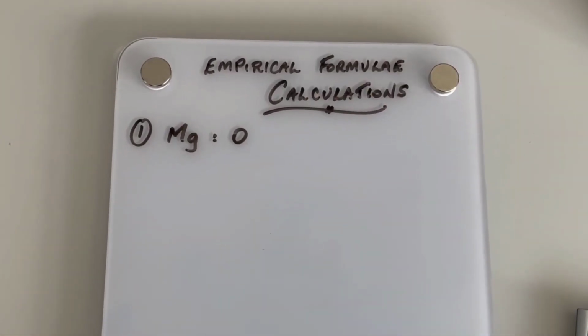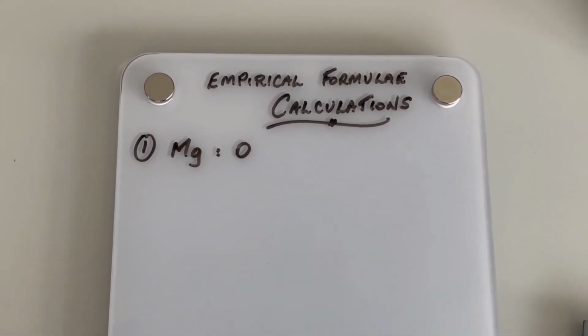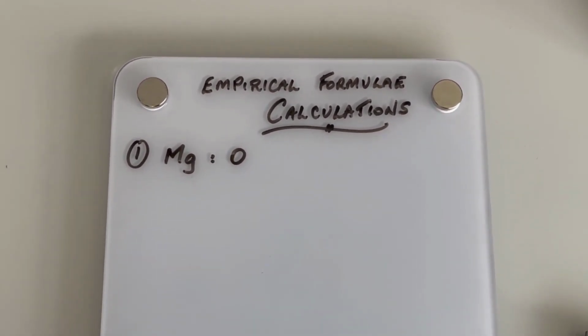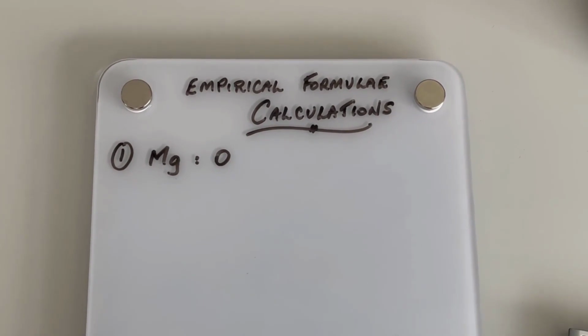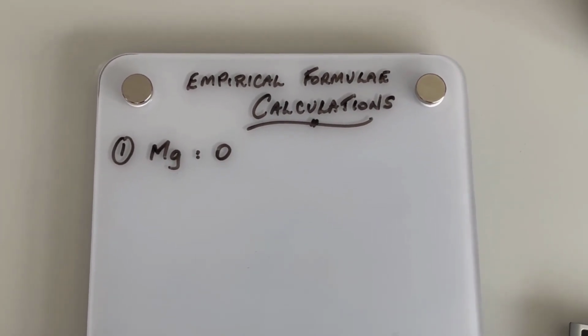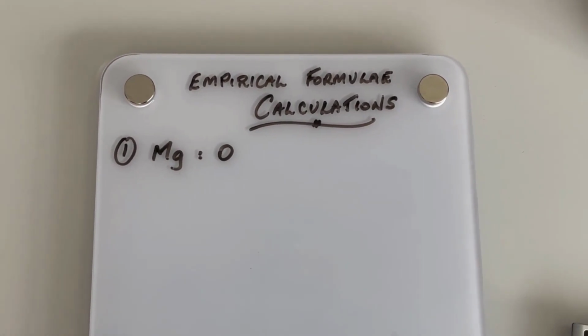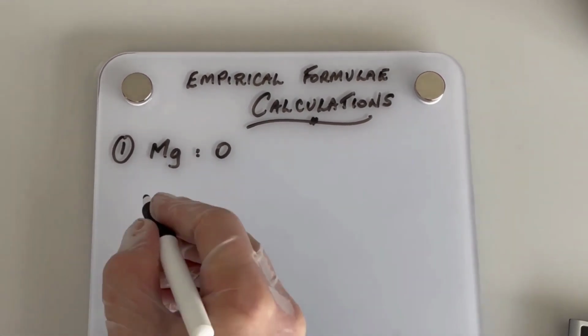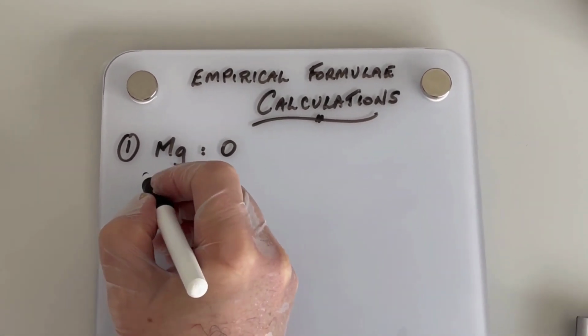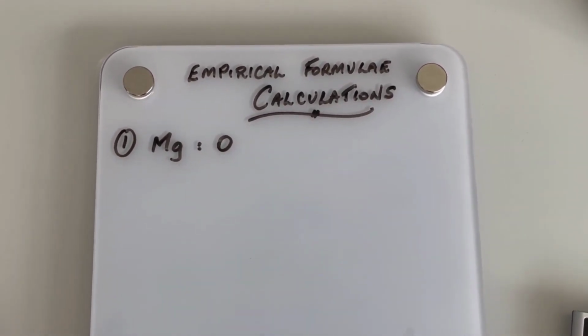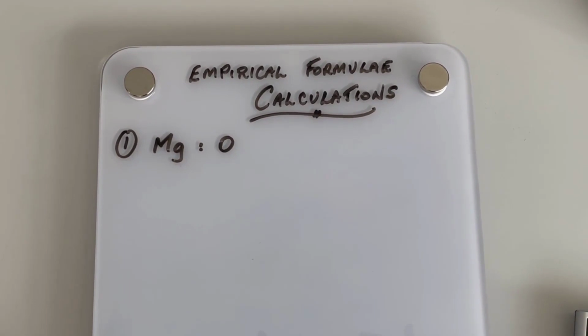So the first empirical formula calculation that I wanted to do involved the magnesium and the oxygen. The key values I needed to look at were the initial mass of the magnesium, because that's always been there. From my results book, I can see that 6.90 was the value for the crucible plus the magnesium.